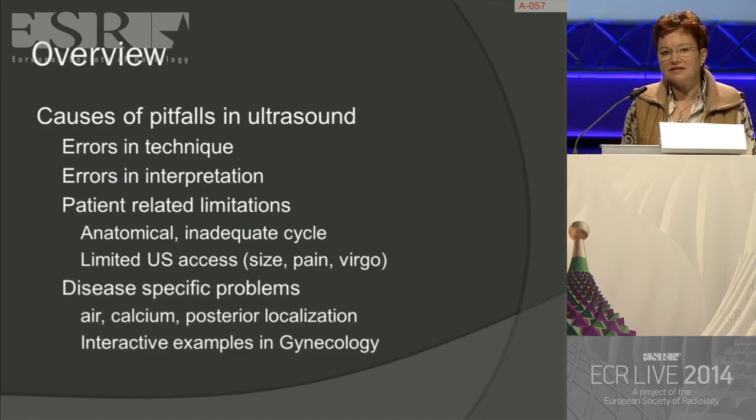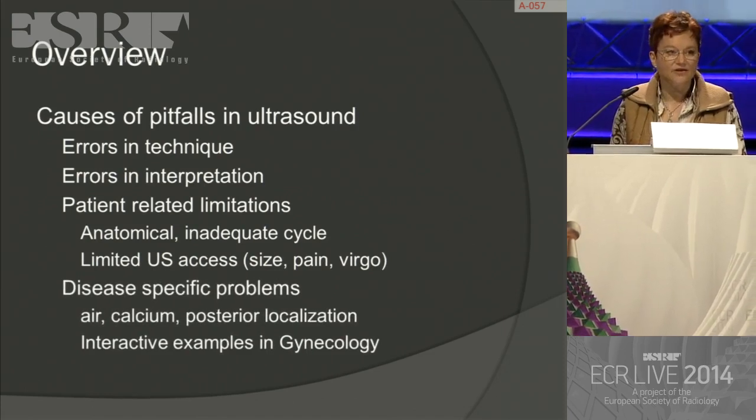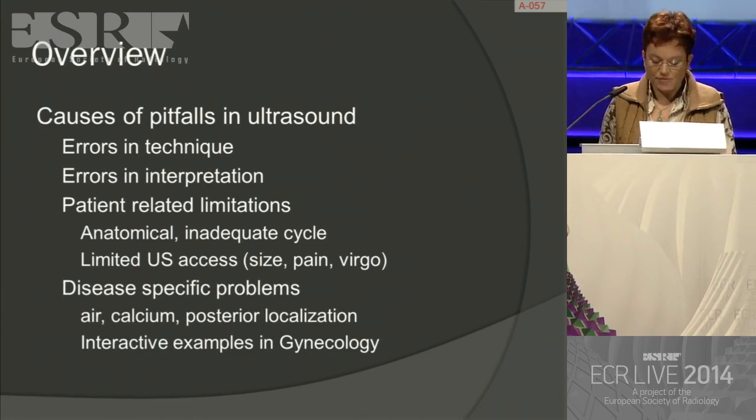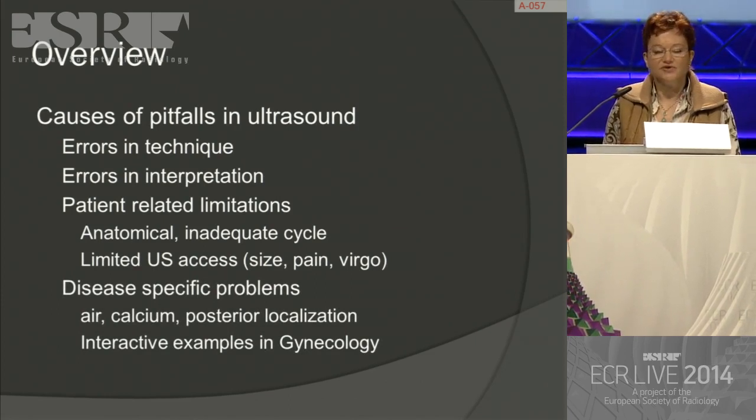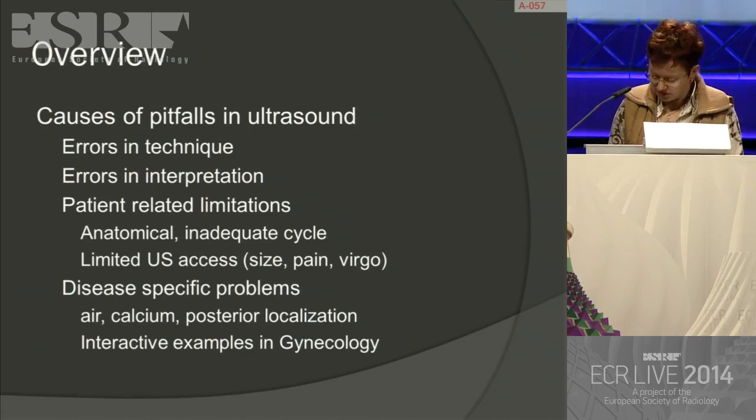Sometimes certain diseases can contain air or calcium and produce posterior shadowing, which may prevent the evaluation of the mass. The lesion can be located very posteriorly and have limited access.